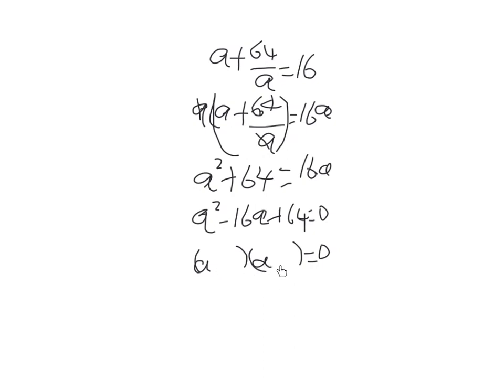Negative 8 times negative 8 will give us positive 64. But negative 8 plus negative 8 will give us negative 16. So we're going to have A minus 8, A minus 8.